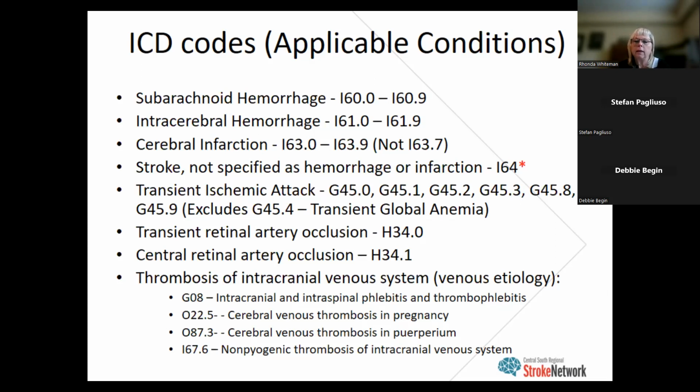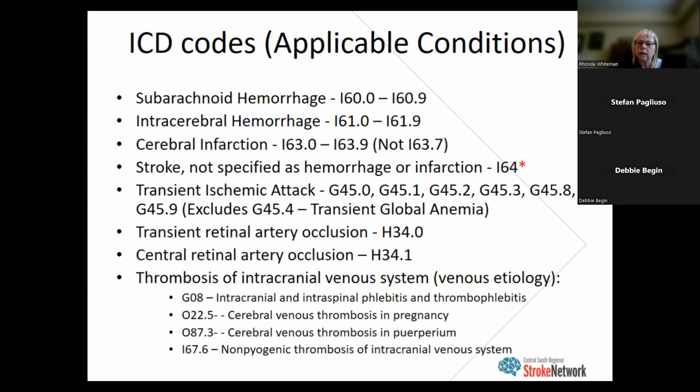I do want to flag that as a province, stroke centers are really trying to minimize coders having to use this code, because the majority of our patients have a CT scan. We want to ensure that physicians are clear in their documentation whether it is an infarction or a hemorrhage, and essentially eliminate the use of this code wherever possible.